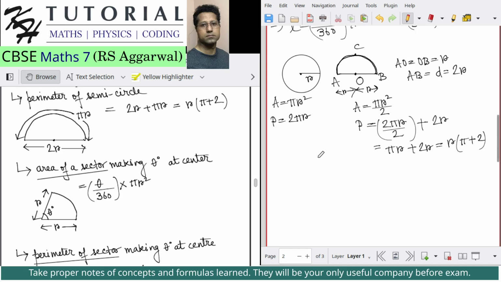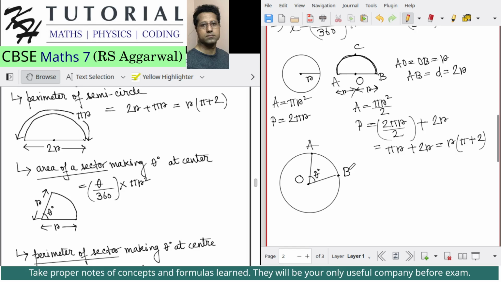Let's say I have a circle, and let's say there is an arc AB. Let O be the center of the circle, and this arc is making an angle theta at the center, theta degree.